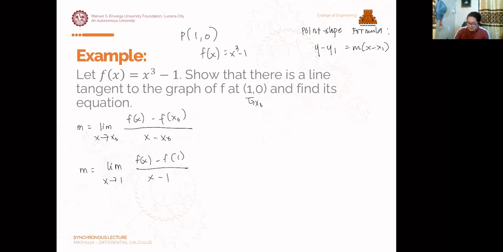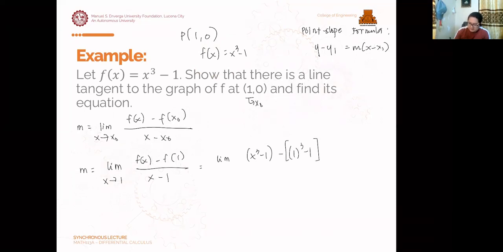Okay? Substitute lang natin. We have limit. F of x natin is x cubed minus 1. And then f of 1 natin will be, substitute lang natin yung 1 na value dito sa formula natin. So that will be 1 cubed minus 1.